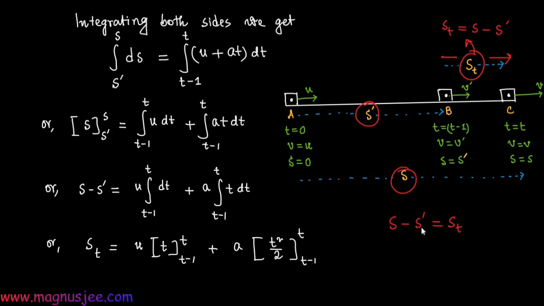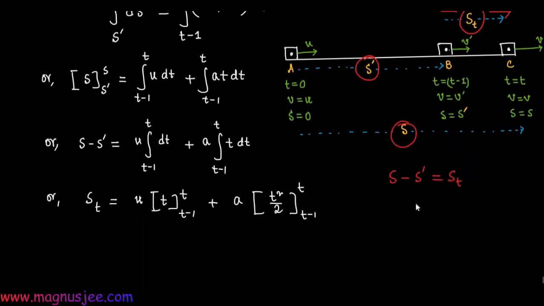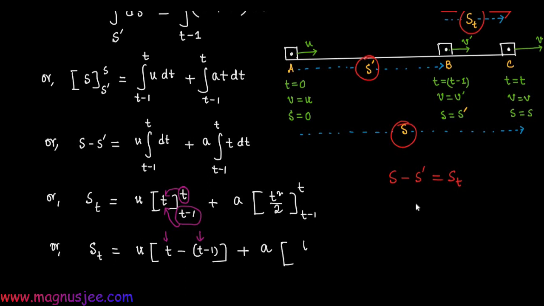So s t equal to u, putting the upper limit t and lower limit t minus 1 in place of t, we get u (t minus (t minus 1)) plus a (t square by 2 minus (t minus 1) whole square by 2).